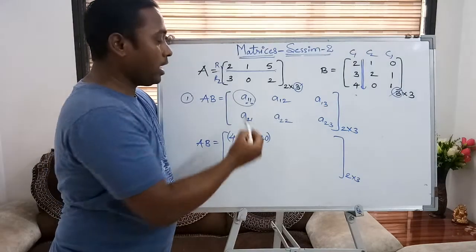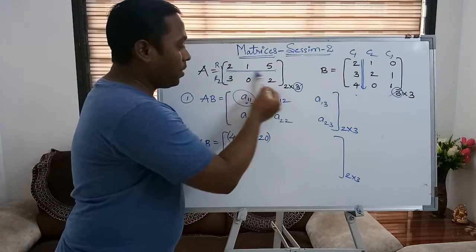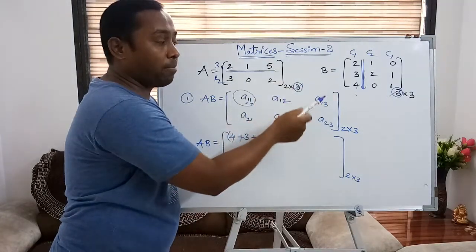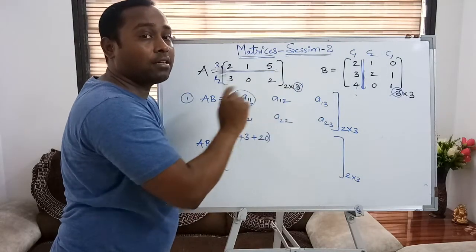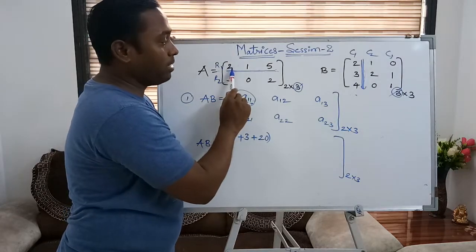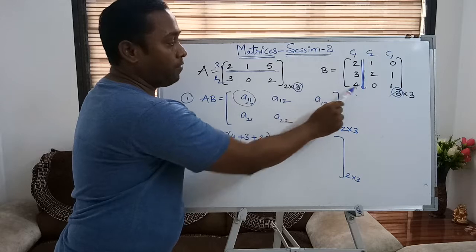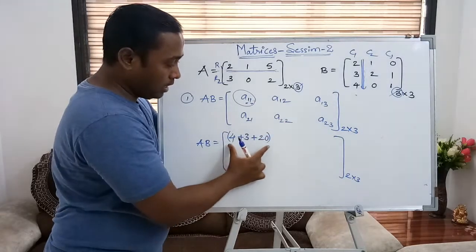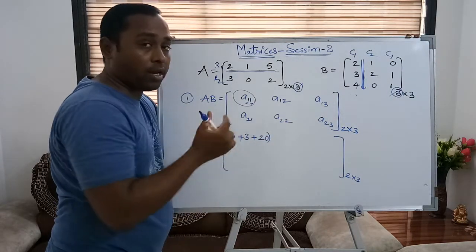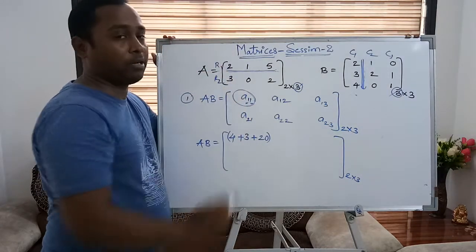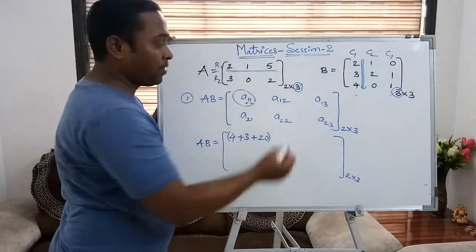I repeat, A11 means multiply the corresponding elements of the first row and first column, and then add the results. 2 2s are 4, 1 3s are 3, 5 4s are 20. After doing this summation, you get one single digit that represents the first element of the resultant matrix.